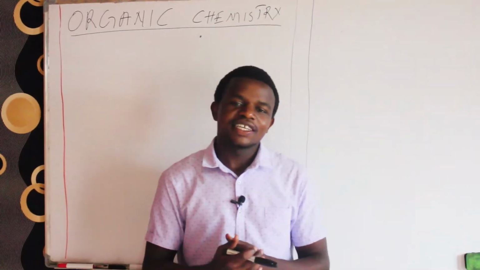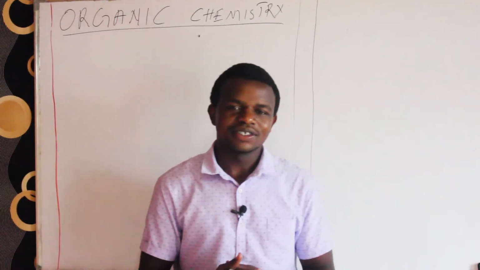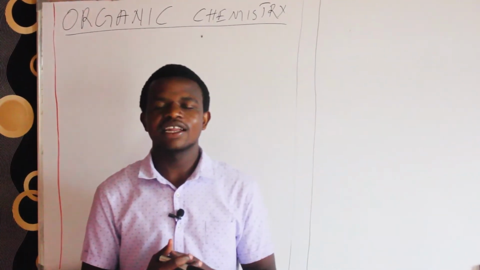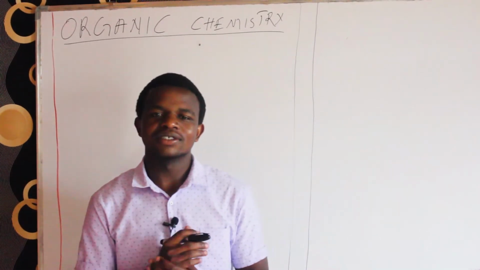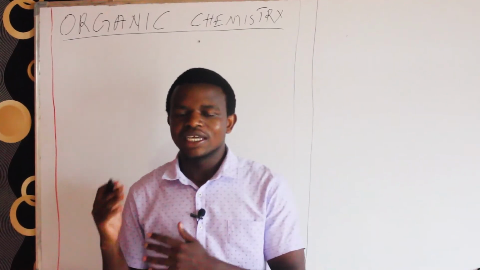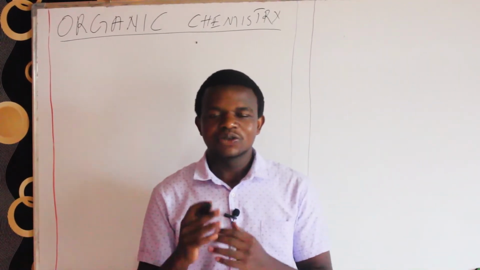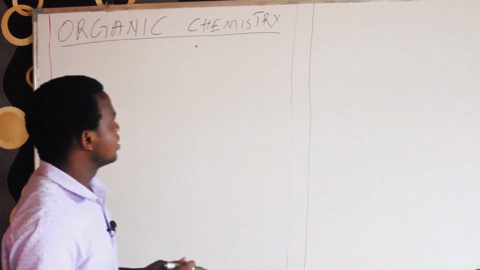So we are going to start with the definition of organic chemistry. What's organic chemistry? Organic chemistry is defined as the study of carbon-containing compounds, and I'm going to write down that definition on my whiteboard.